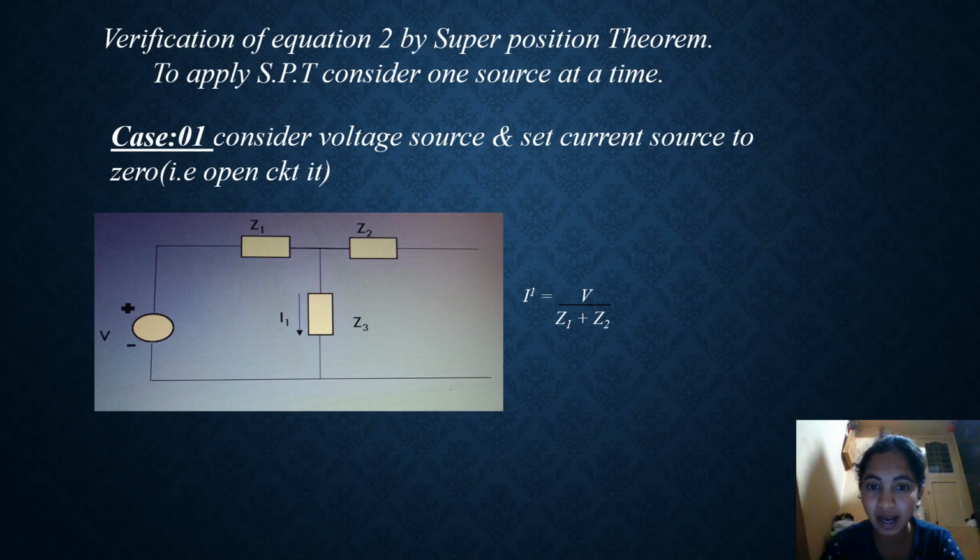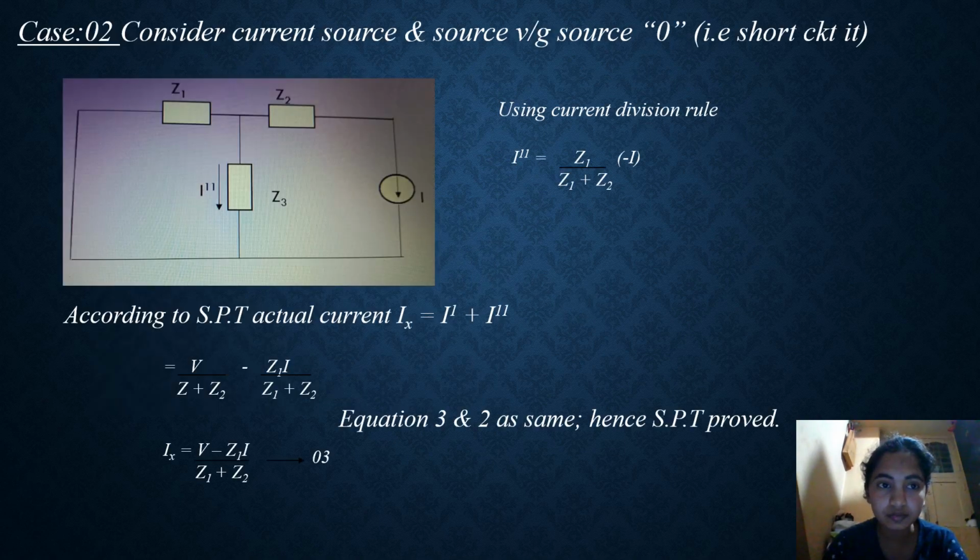Then the equation will be I1 is equal to V by (Z1 plus Z2). Here in the circuit we can see that there is only one loop. In case 2, consider the current source and set the voltage source to 0, for example, short circuit it.